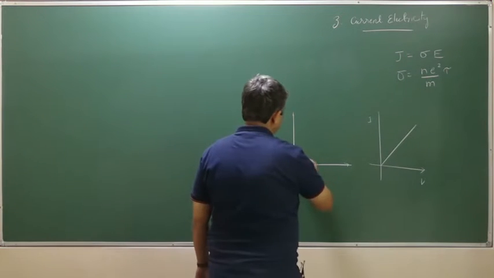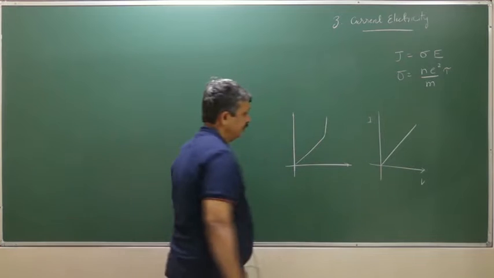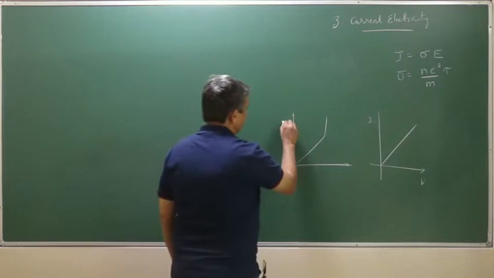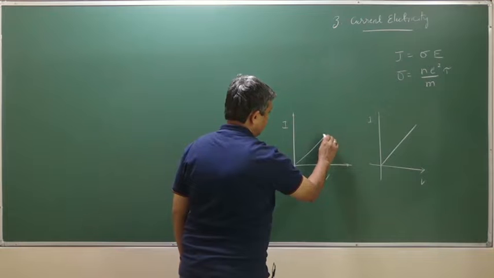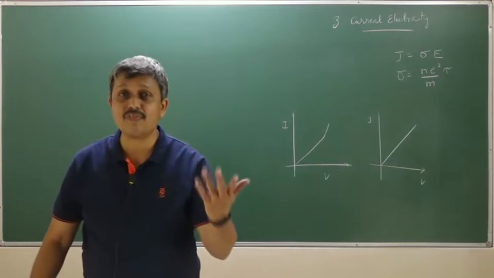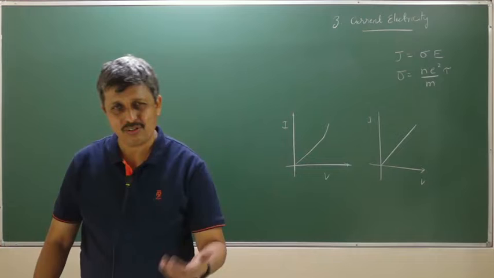It went straight like this, but later changed like this. So such an I versus V, we will say is not linear. It is kind of curved in the end. This is one kind of not being linear, some curve.